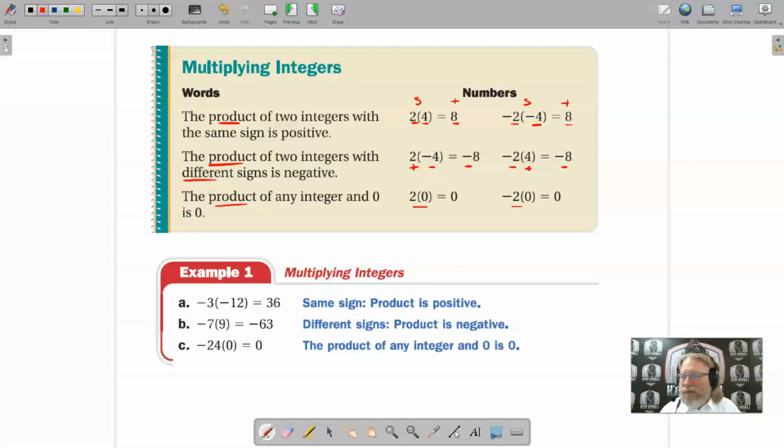Now, if you're still having a little bit of difficulty with that, years ago I used to teach this little memory device here. You can make a triangle, and you could actually cut a triangle out if you would like. And if you put a negative sign in one corner, a plus sign in another corner, and then a negative sign in the other corner, then you can use this as a memory device.